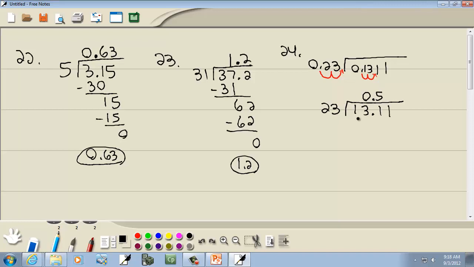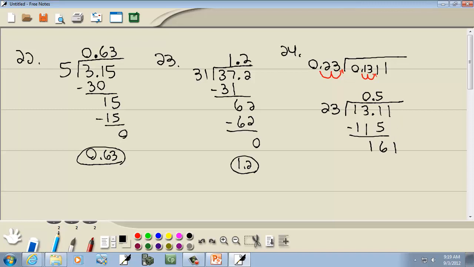So then 5 times 3 is 15. Put the 5, carry the 1. 5 times 2 is 10, plus 1 is 11. And we want to subtract that. Is that 16? Yeah. And then I'll bring down the 1.